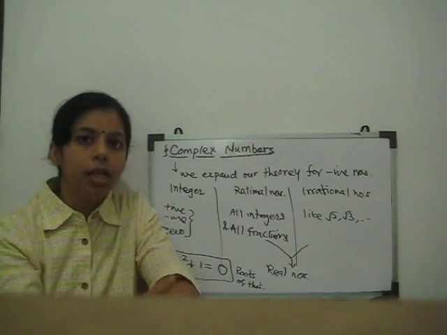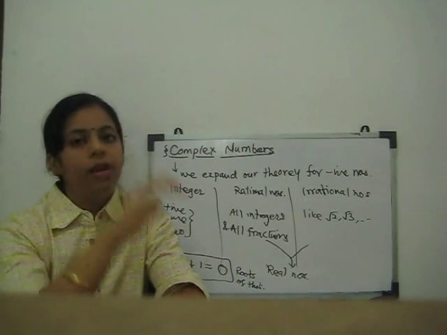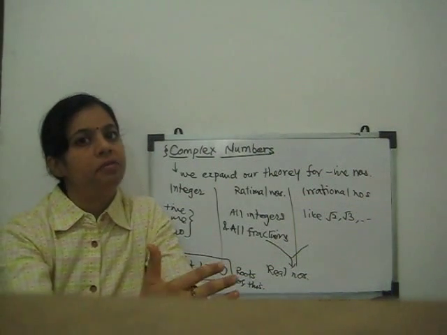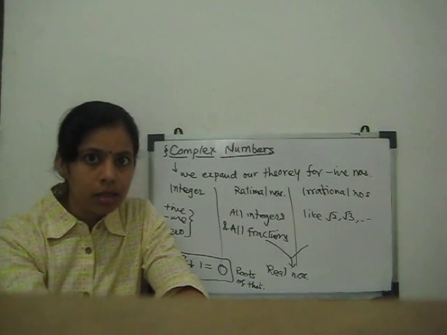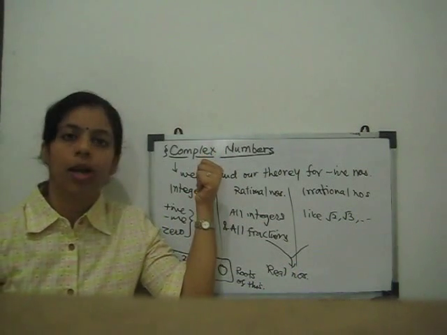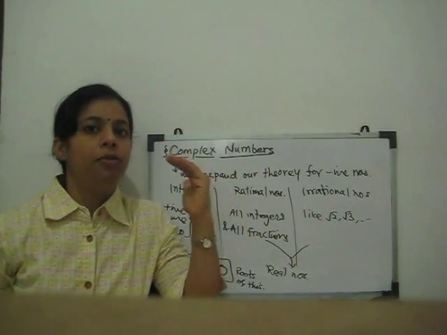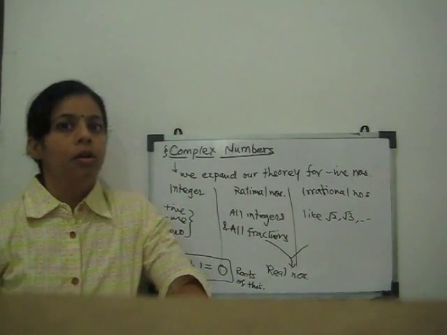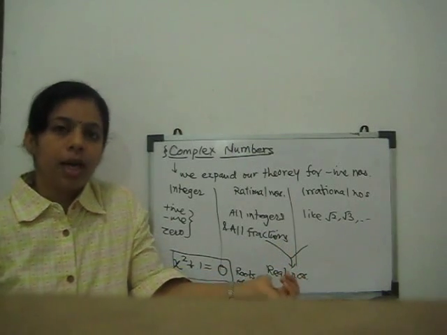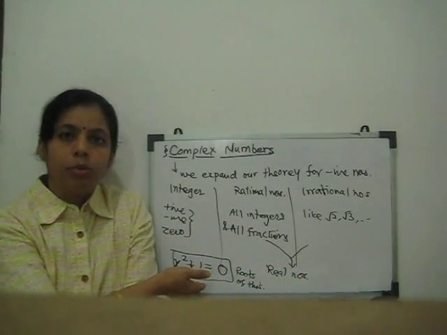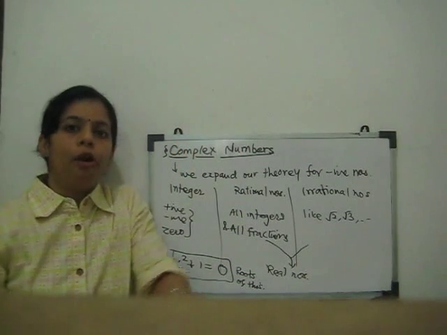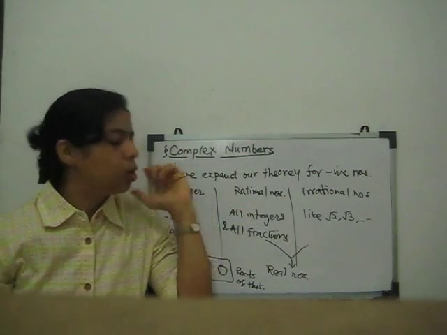When we go for the square root of negative numbers, we need another system that is known as complex number. When real numbers cannot give the roots of these types of equations, we go for the complex number.